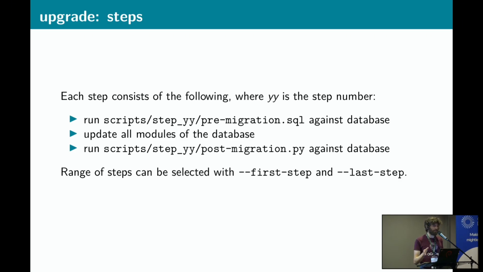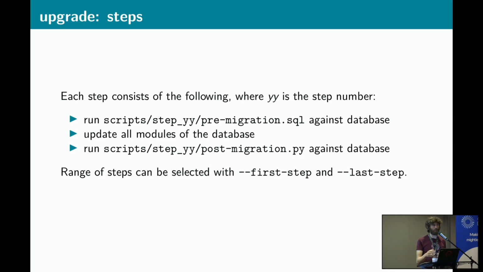Normally, this file can be empty if everything runs well, but sometimes you will need to perform some dirty things on your data because your data is a bit bad. Or sometimes you want to do something in post-migration, like removing modules or installing other modules. So it's very free. You can do whatever you want there.